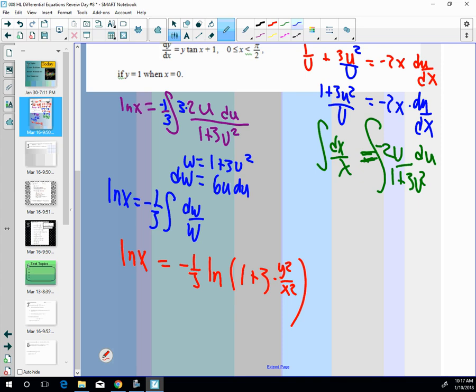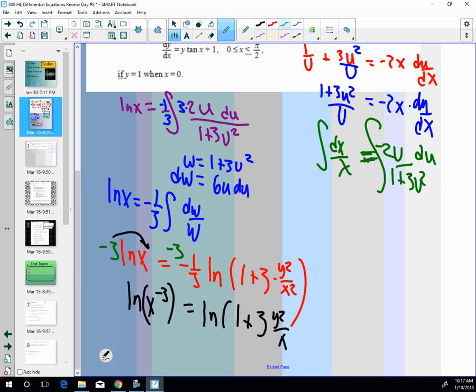Watch this. I'm going to multiply both sides by negative 3. So if I do that, I'm going to get natural log of x to the negative 3rd power, because I can move that here, is equal to the natural log of 1 plus 3 y squared over x squared.